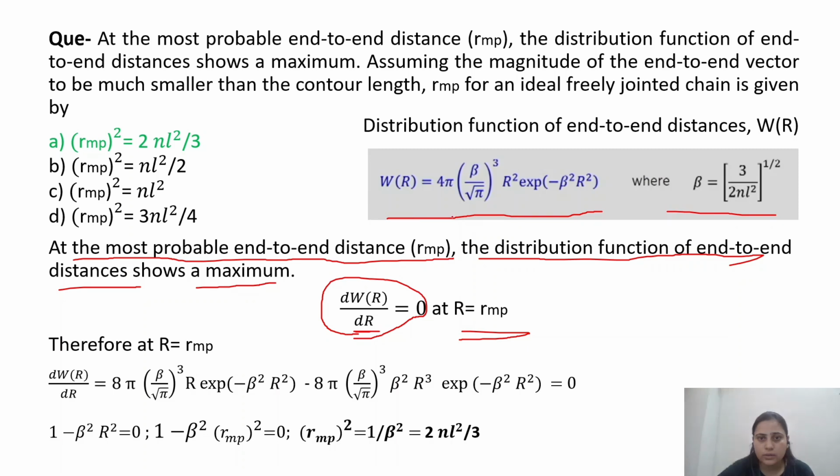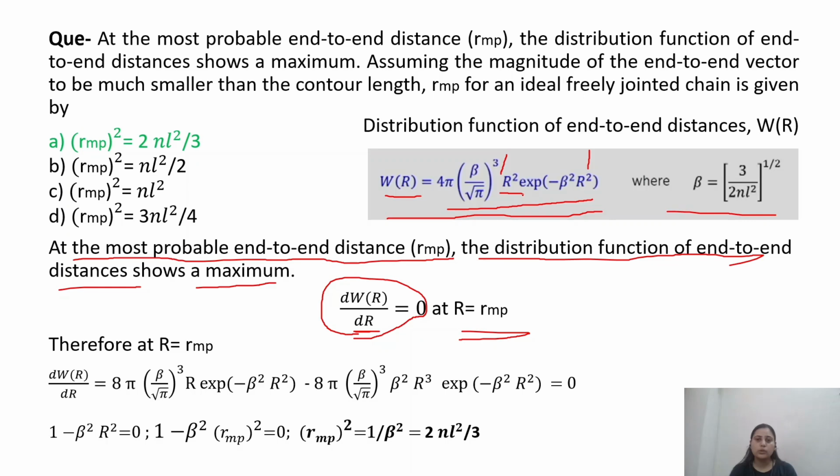So let's first take the first derivative of this equation, dW(r) divided by dr, with respect to r. From this equation, there are two r values. One is the r square outside the exponent, and one is the r square inside the exponent. So first we will take the derivative with respect to the outside r square, and afterwards the inside one, in the exponential function. r square, when we differentiate, comes as 2r.